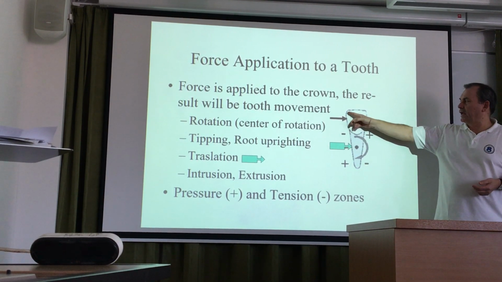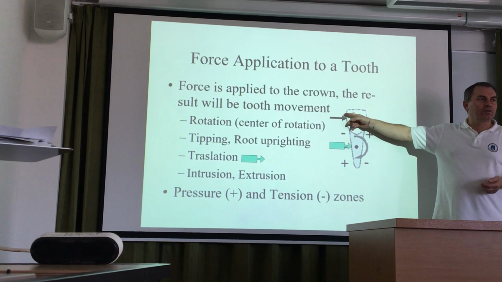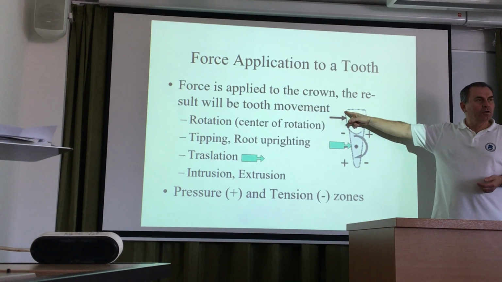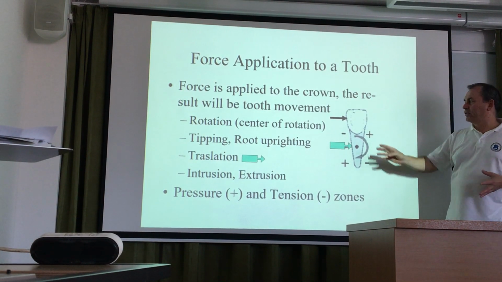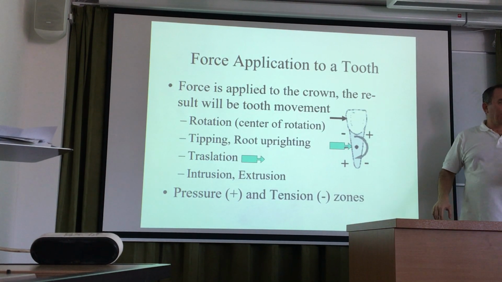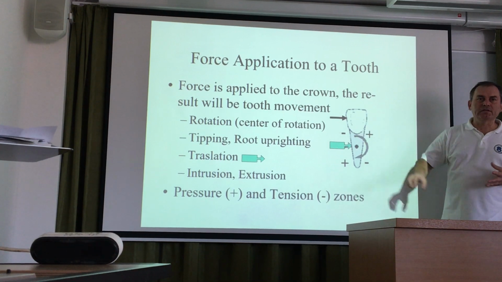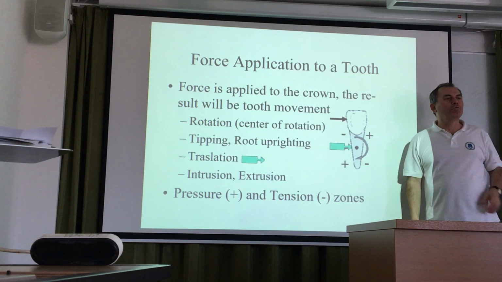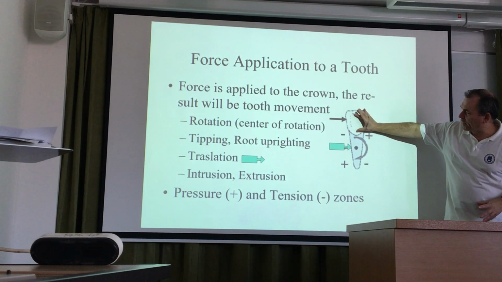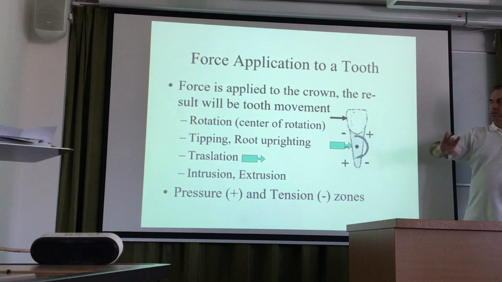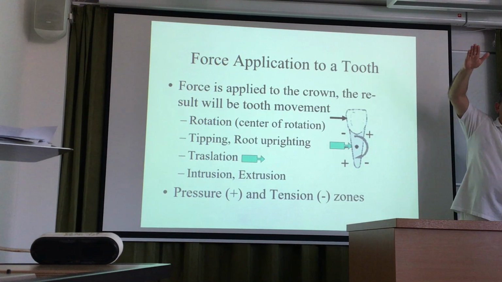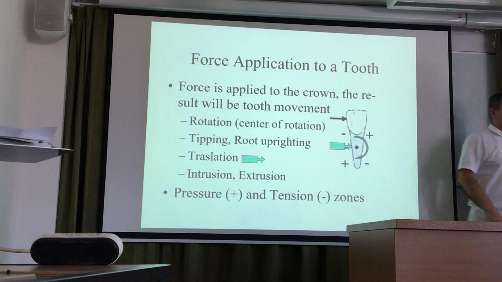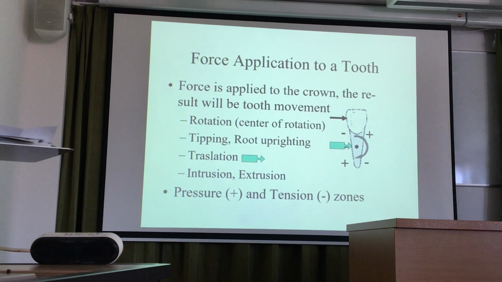You know, when you apply a single force with a spring type removable appliance here, you will tilt the tooth. But when you place a bracket on the tooth surface, the whole tooth could be moved bodily, because the force is applied not just at a point, but on a large surface.